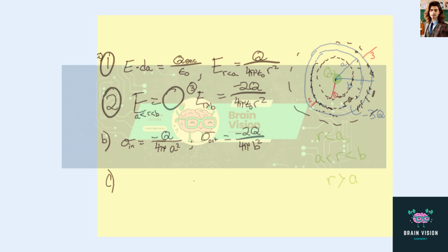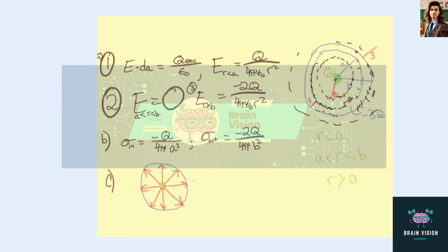Now the problem wants us to sketch the electric field lines. Let's put Q here and the shell out here. Let's look at our field lines. We have a positive charge in the middle, and field lines go to the outer shell. 1, 2, 3, 4, 5, 6, 7, 8. I'll give that 8 field lines.